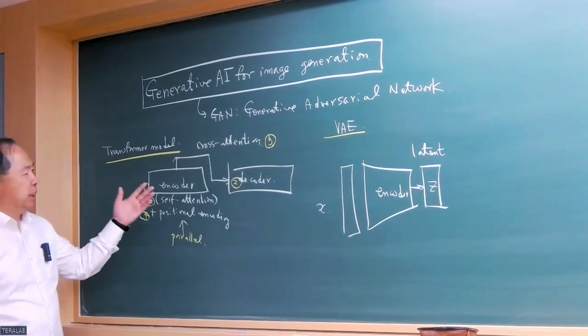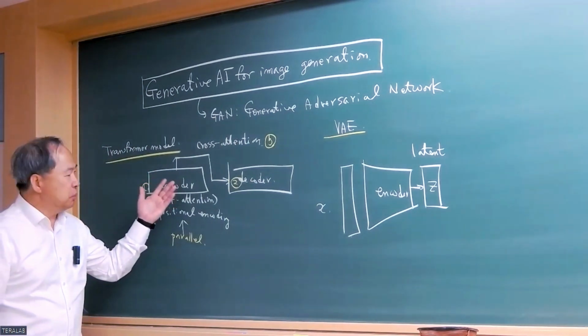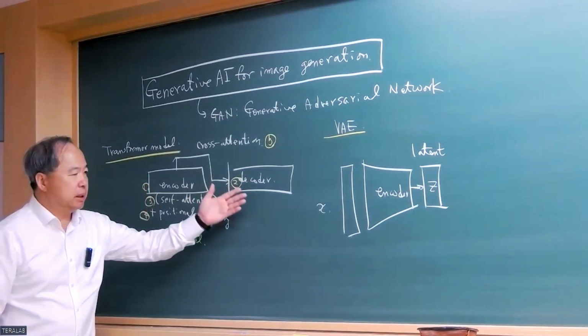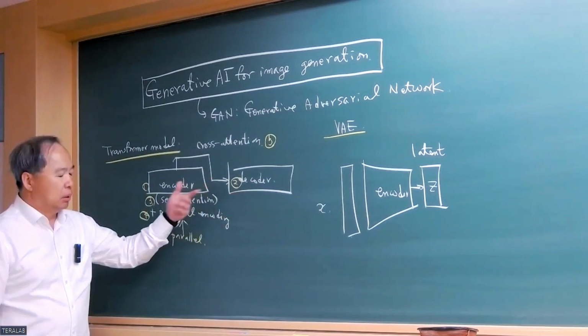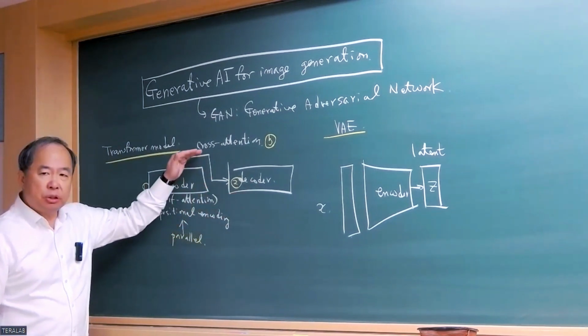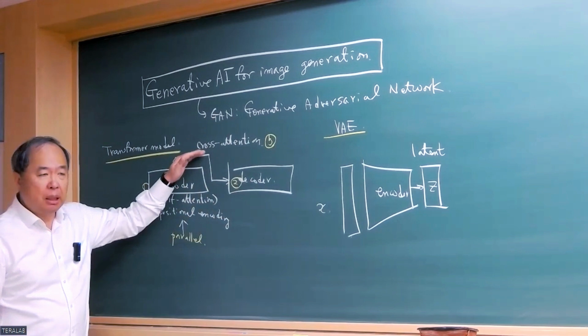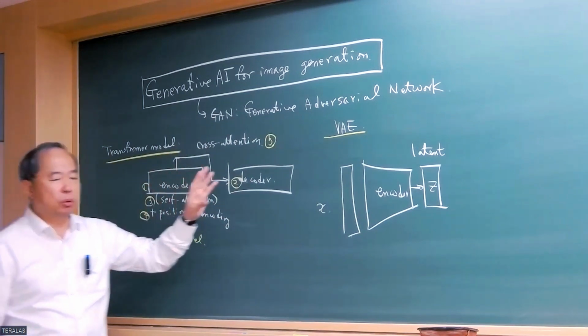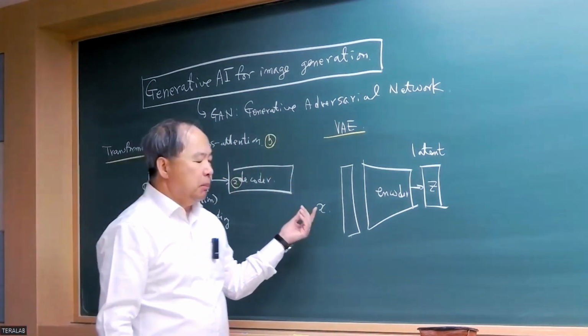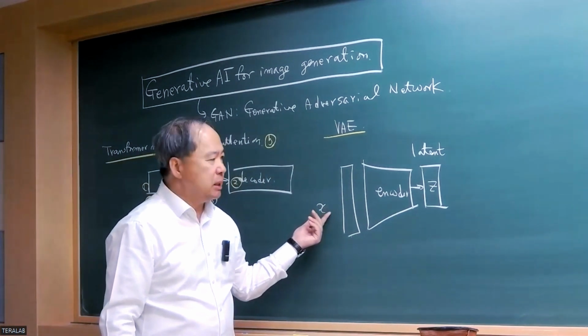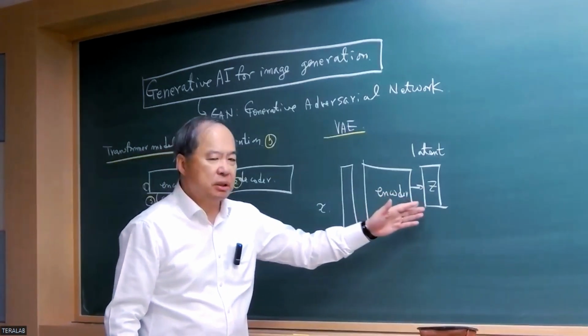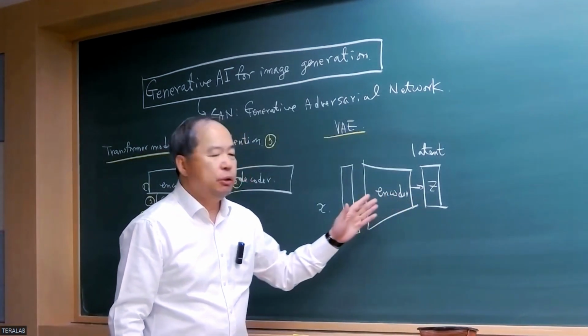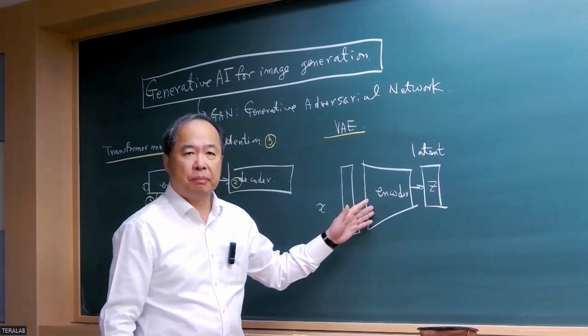In the transformer model, the connection between encoder and decoder was made using cross-attention matrices. But in the variational autoencoder method, input data is converted to a latent space vector G using the encoder.